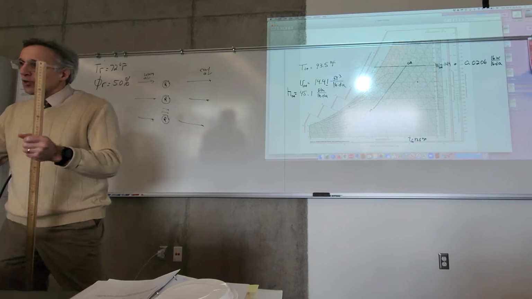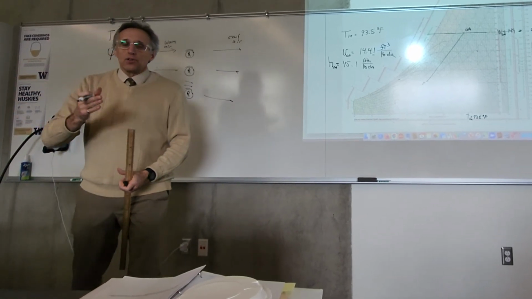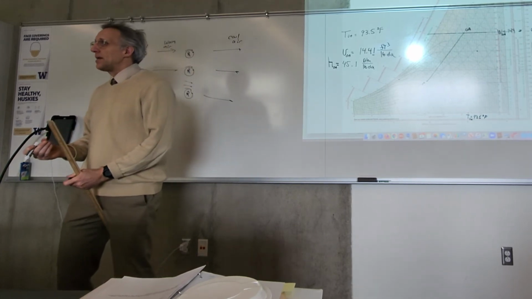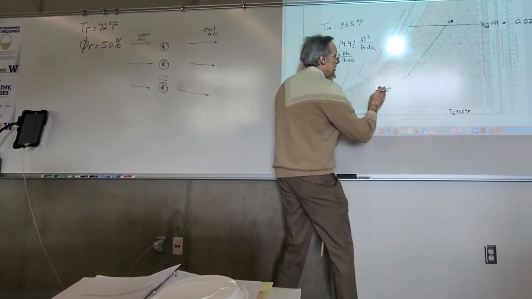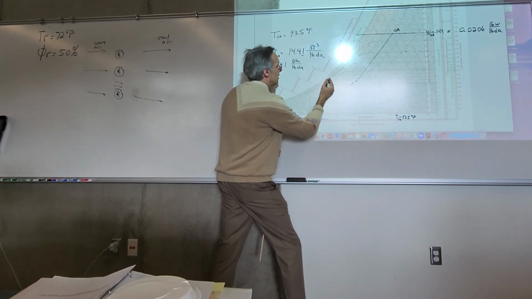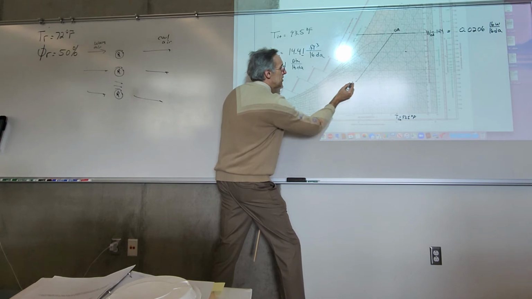So the design target coming off an air conditioning coil is air at 90% relative humidity, and whatever temperature you want, and whatever the humidity ratio has to be to help you get back to your goal here.